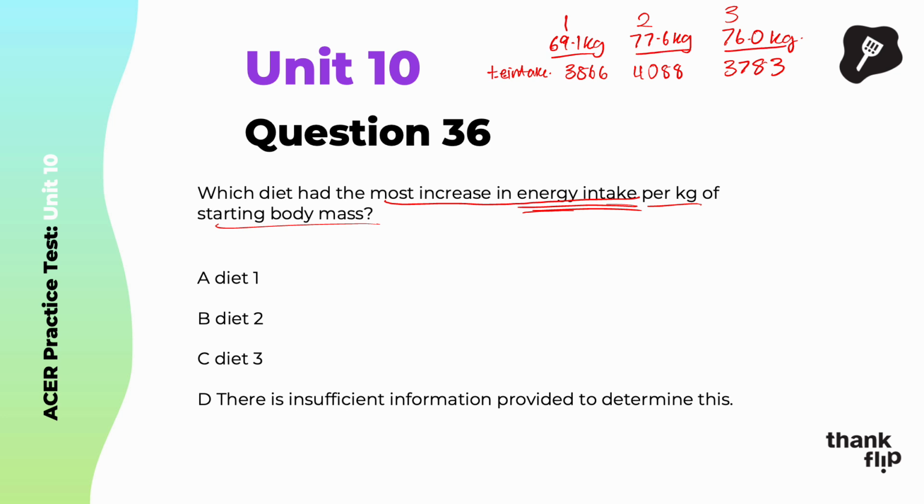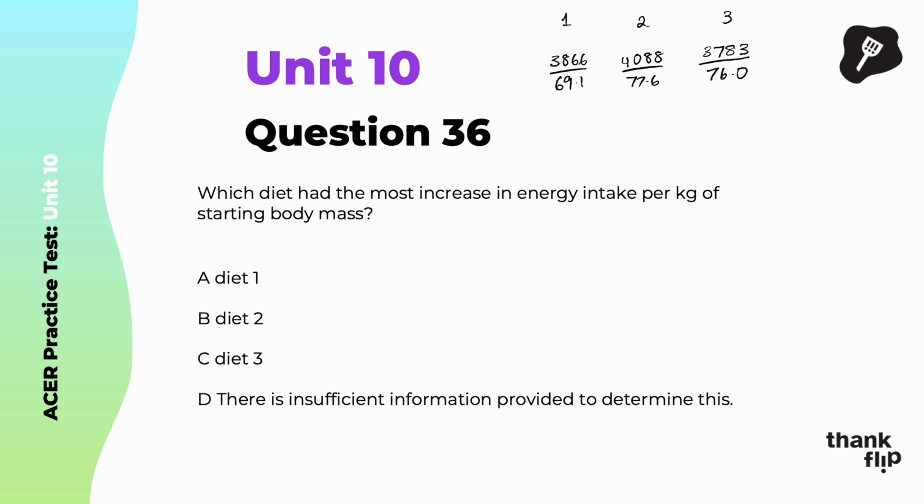The way that we're going to do this is by basically dividing these numbers, okay? So we would have to do 3866 divided by 69.1. Then we have 4088 divided by 77.6, and then you have your 3783 divided by 76.0.